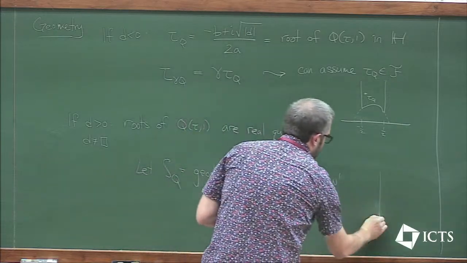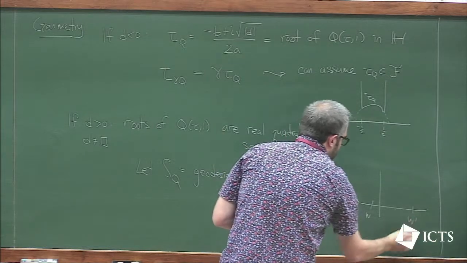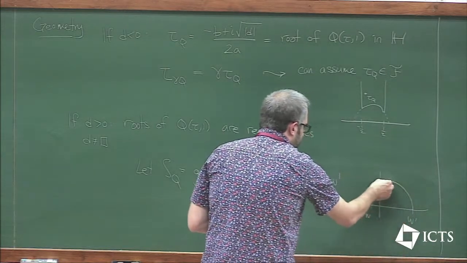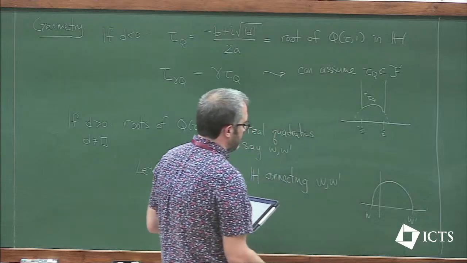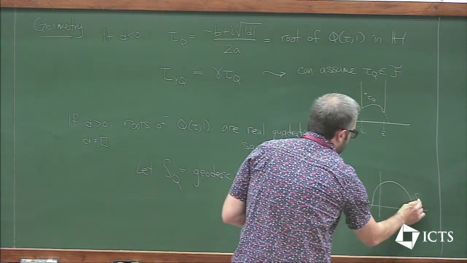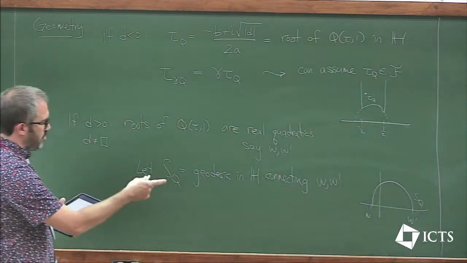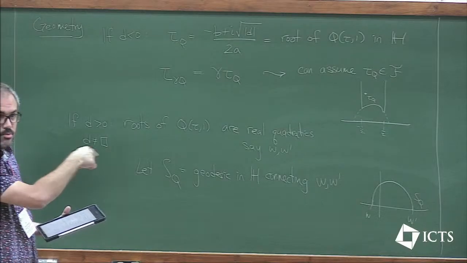So this will look, if we draw a picture, so like let's say here's W and here's W prime, this will be a semicircle centered on the real line. So this thing is SQ. In this hyperbolic geometry, this is a straight line connecting W and W prime.